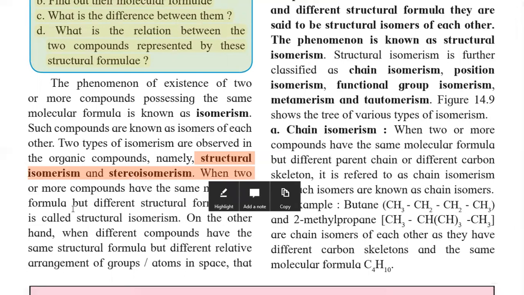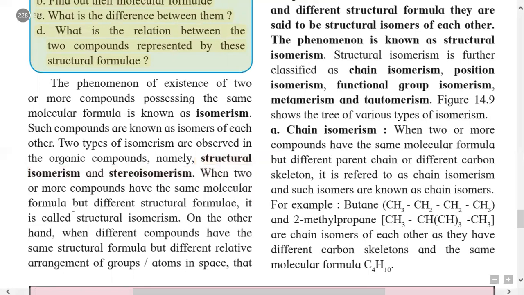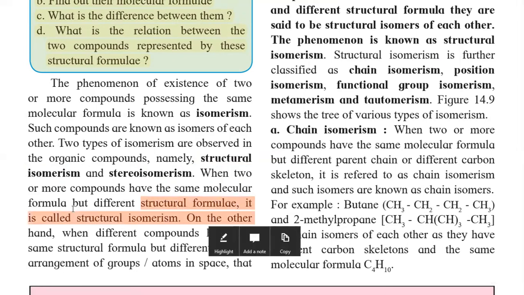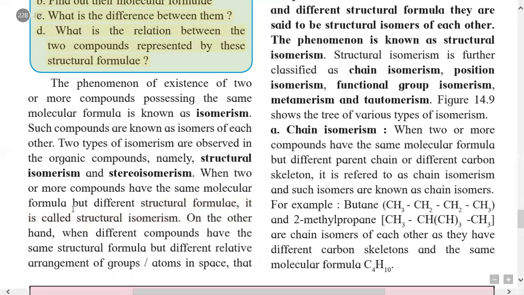When two or more compounds have the same molecular formula but different structural formulae, it is called structural isomerism.